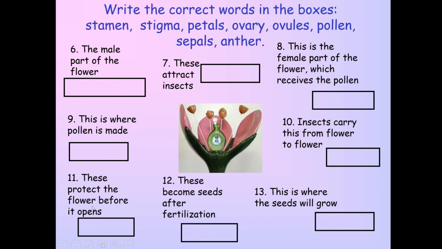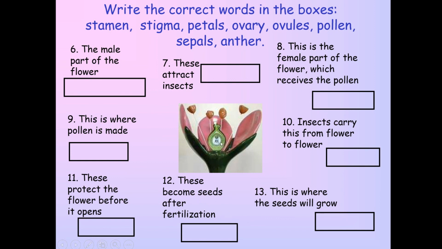This protects the flower before it opens. Okay, how do you call this one? This becomes seeds after fertilization. How do you call this? This is where the seeds will grow.